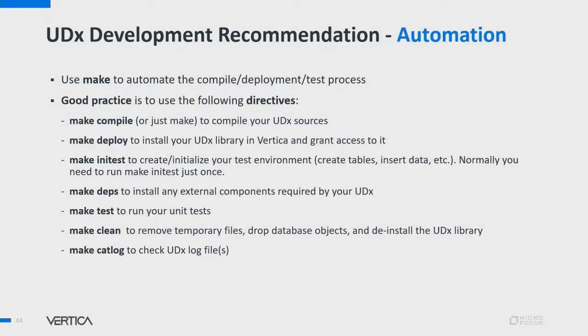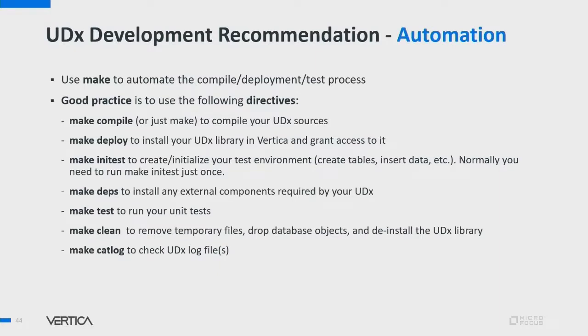Automation. I told you that it is a pretty important aspect, and usually make is very, very helpful. So it is good practice to make a script containing different sections for compilation, for deploying, also for initialization of the data for your testing.